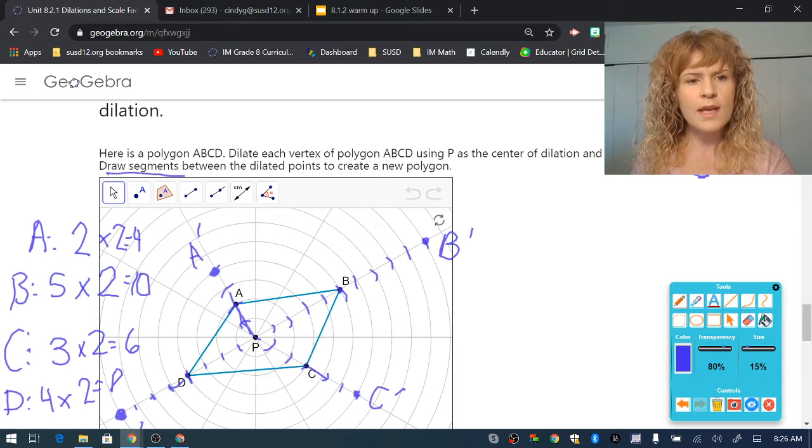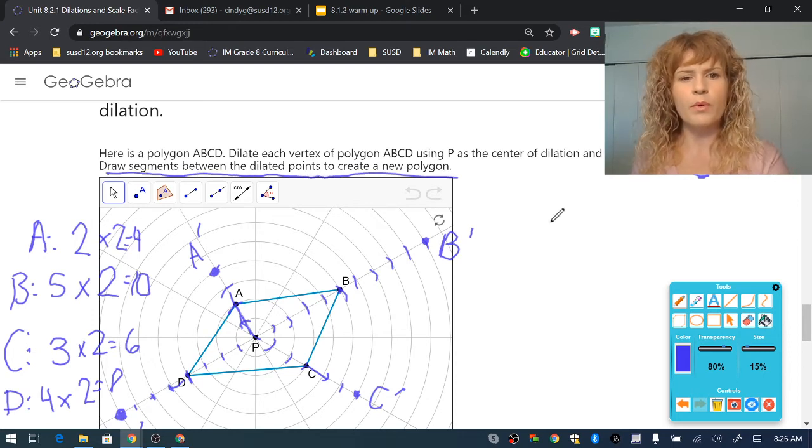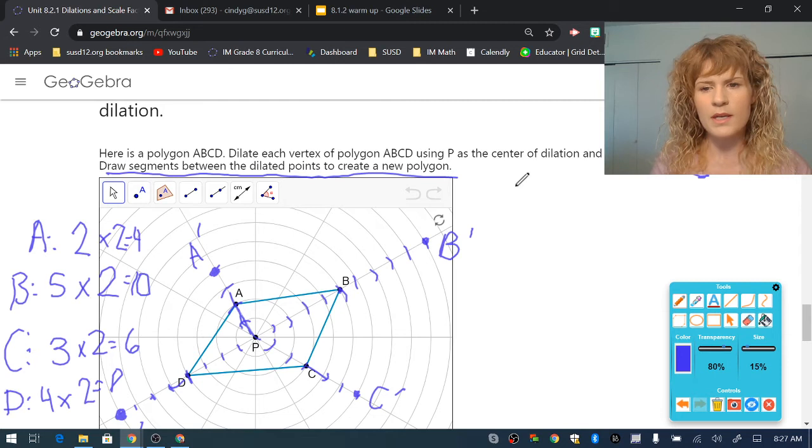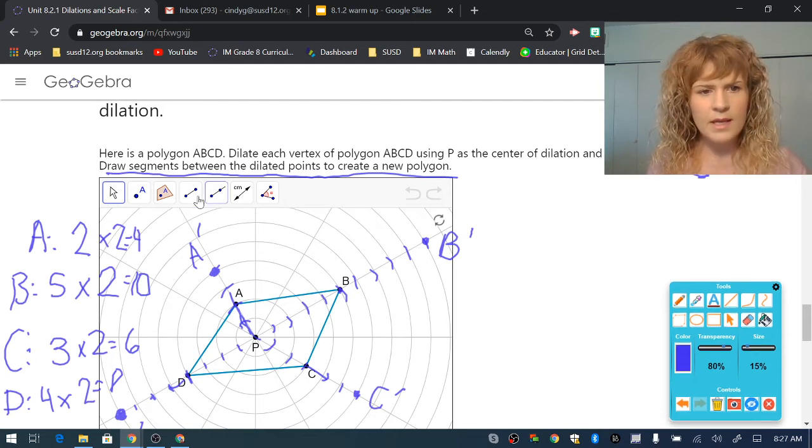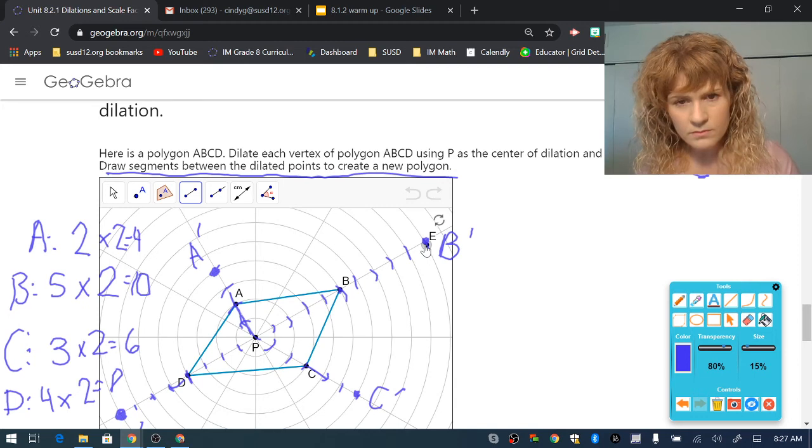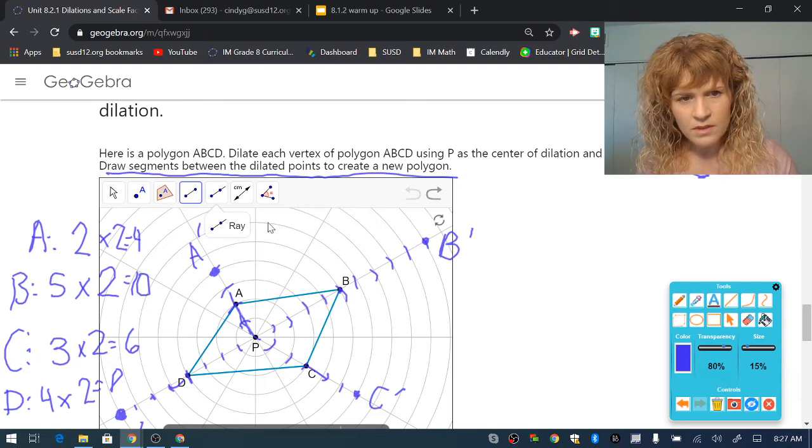Next, draw segments between the dilated points to create a new polygon. Okay, let's use the line segment tool. This one, line segment. You know what? I didn't get that quite on the line. Is it close enough? I'm going to try again. Line segment.